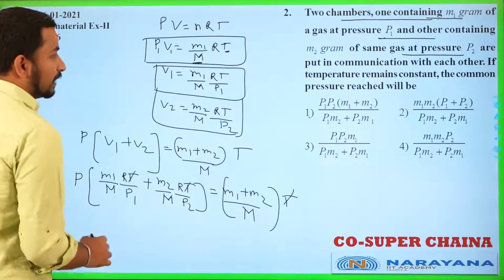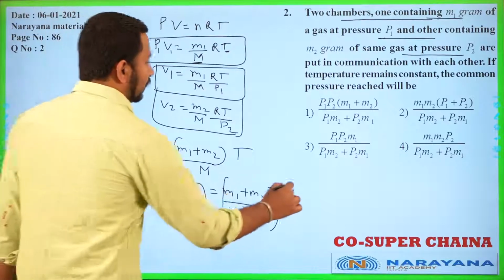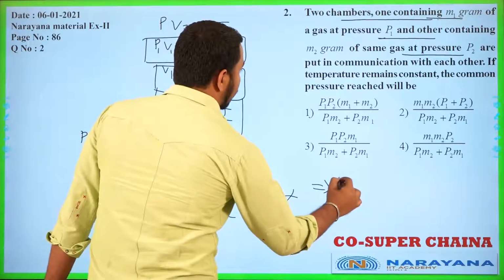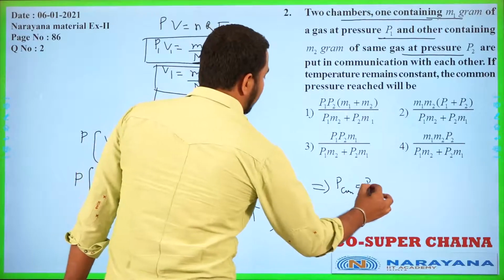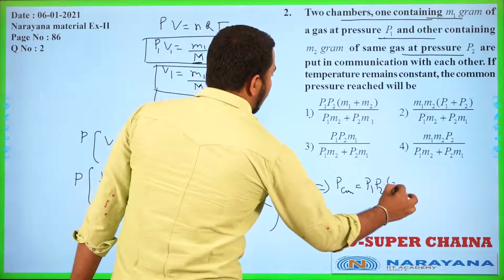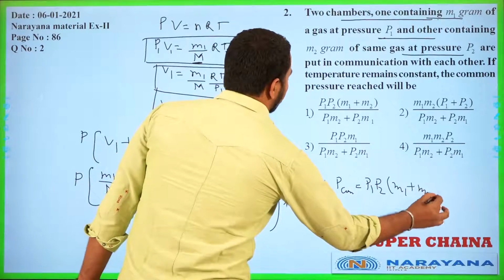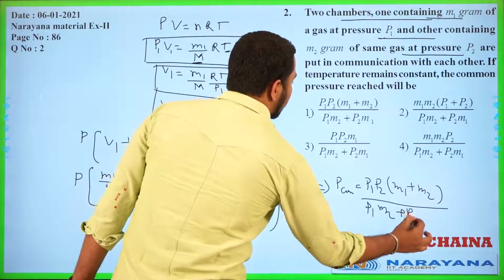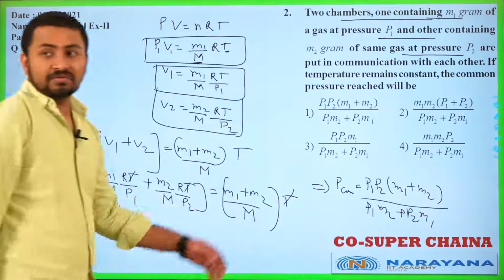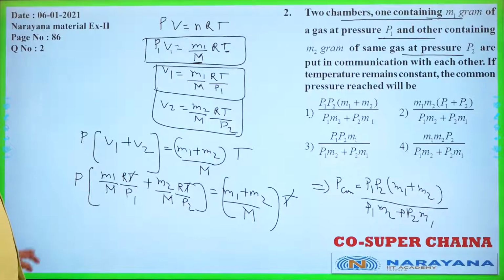We have to get the value of P. The common pressure P will be equal to P1 P2 (M1 plus M2) by (P1 M2 plus P2 M1), right? And that will be the answer of this question.